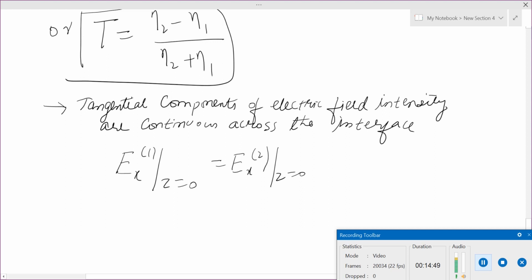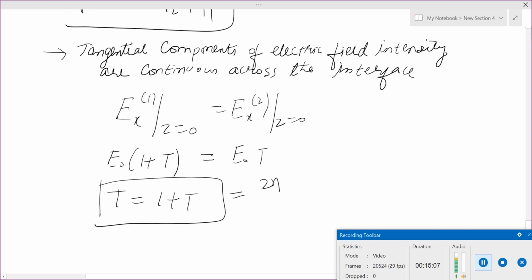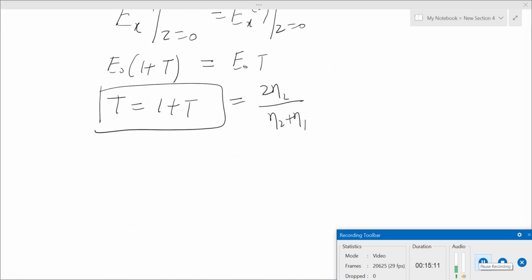Now you can easily see at z equal to 0, it was E naught times (1 plus gamma), which should be equal to E naught times t. Very simple calculations. So it means the transmission coefficient should be 1 plus the reflection coefficient, which can also be written as twice eta 2 divided by (eta 2 plus eta 1).